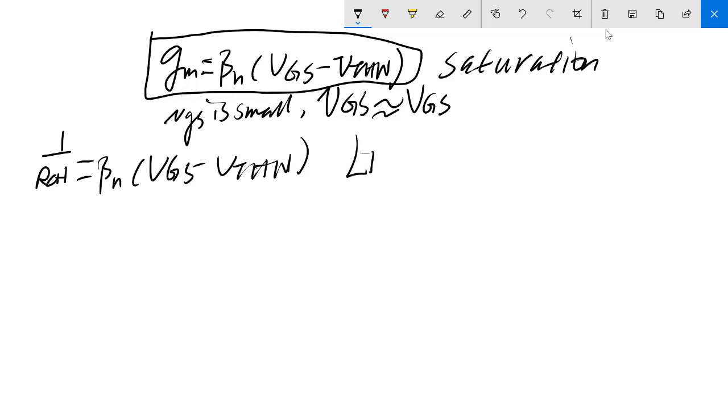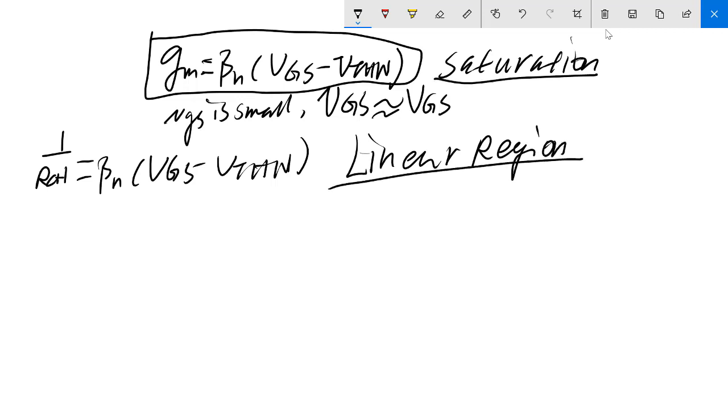But this is in the linear region. It has a different VGS. So they are being operated in different regions. They are using the same equations, but they are different parameters.